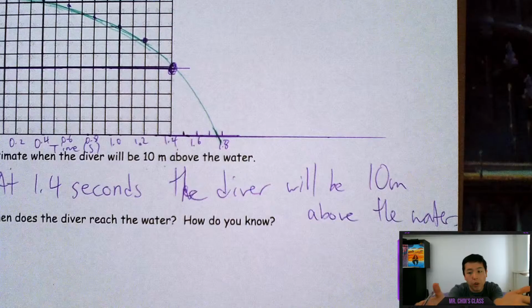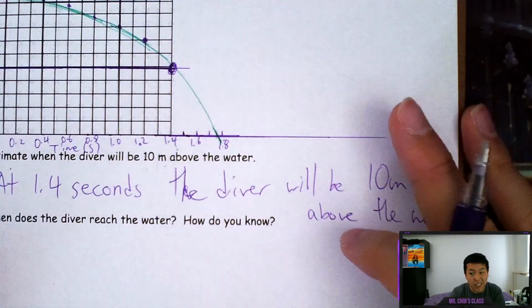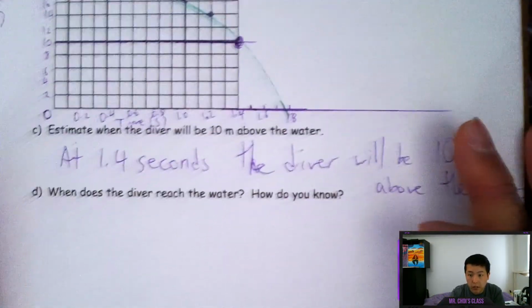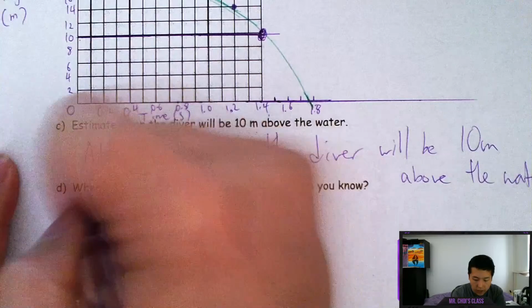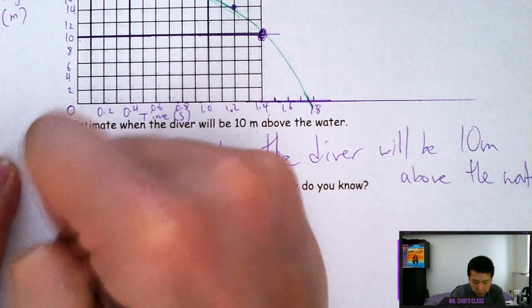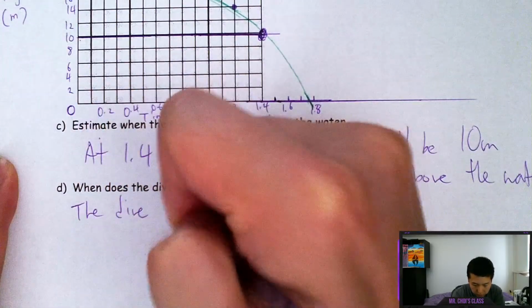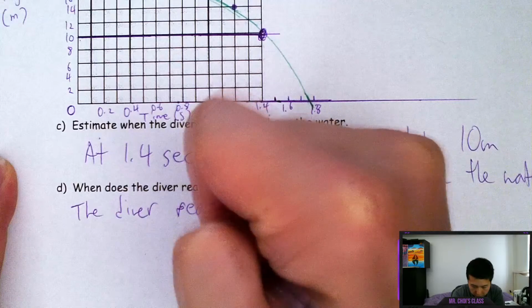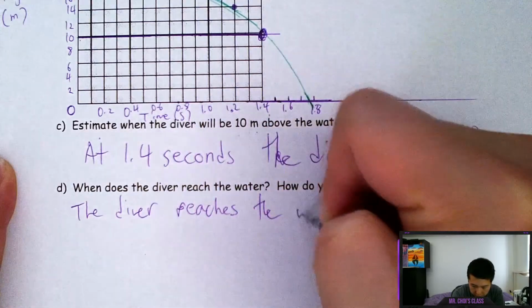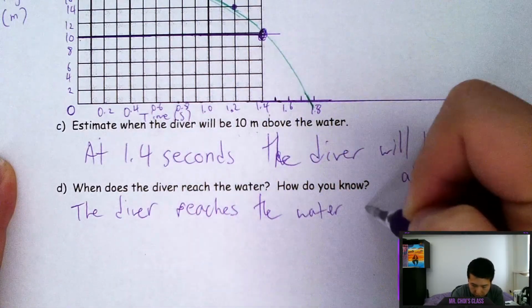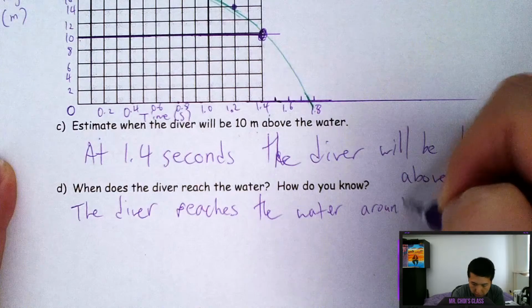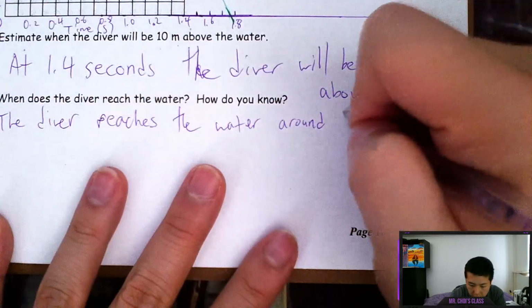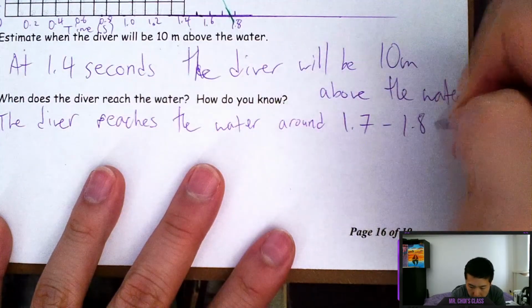For me, if I were to write it, it would be 1.75 maybe, right? So the diver reaches the water around 1.7 to 1.8 seconds.